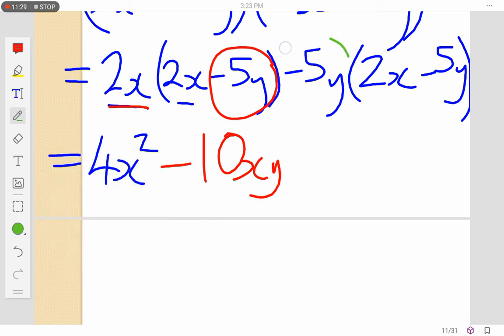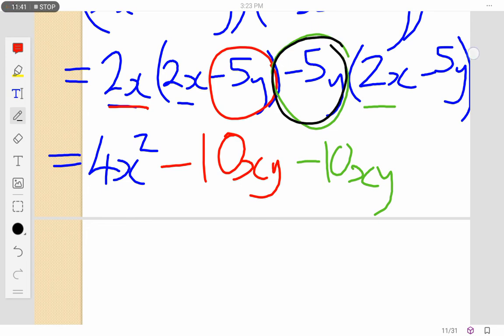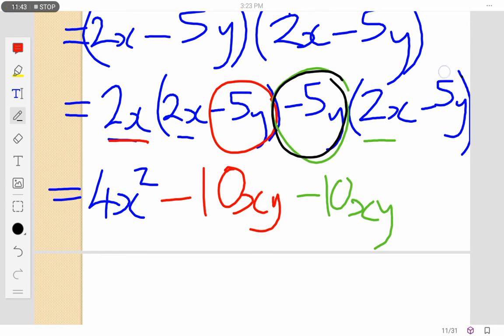Now I'm on this other side, minus 5y times 2x, I get minus 10xy. Let's continue. The last part, I've got minus 5y multiplying minus 5y. I'll get a positive 25, and it's going to be y squared.